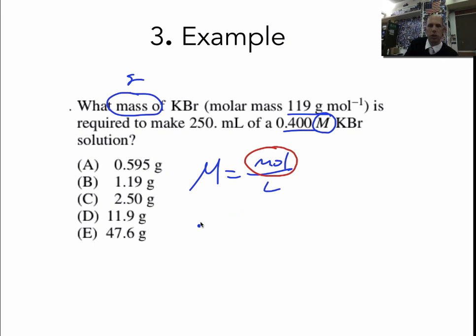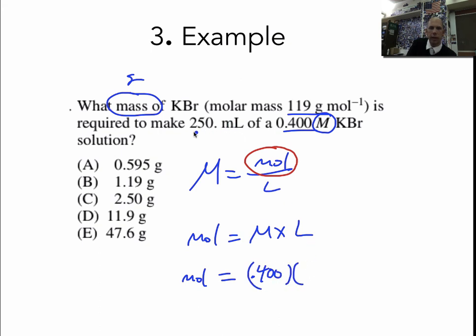So let's rearrange this. Moles equals molarity times liters. Let's go ahead and plug in what we know. That's 0.4. And the liters comes from here. We know that 250 milliliters divided by 1,000 is 0.250. And that's going to yield 0.10 moles of KBr.